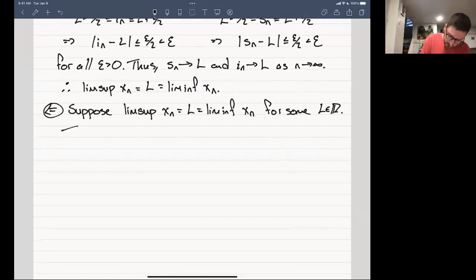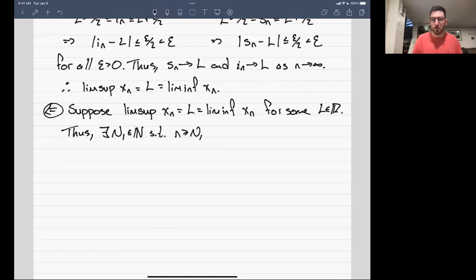So thus, first thing, there exists, I'm going to call it N1, such that if I look at n beyond capital N1, this implies that the supremum of the tails is less than or equal to L plus epsilon over 2.